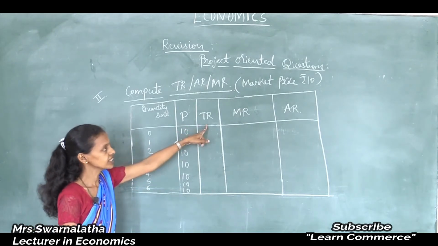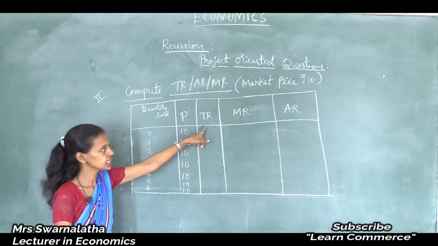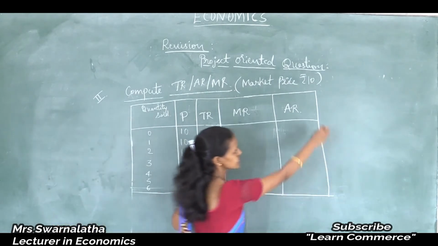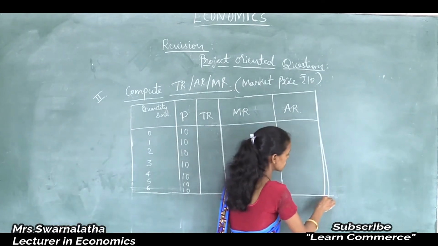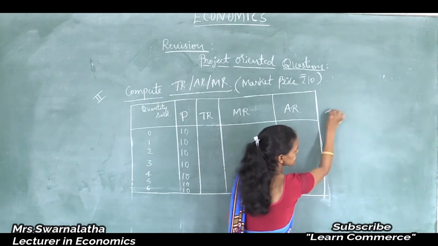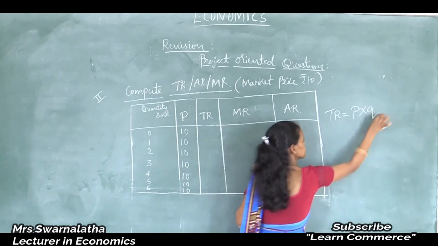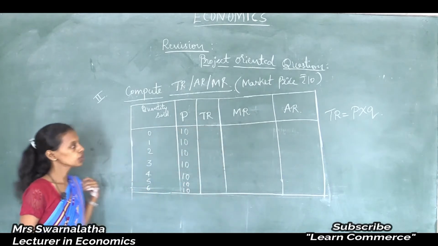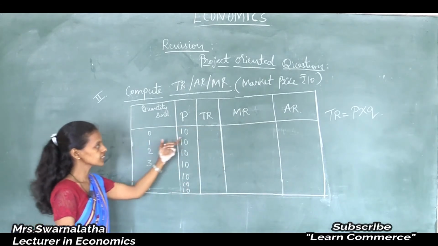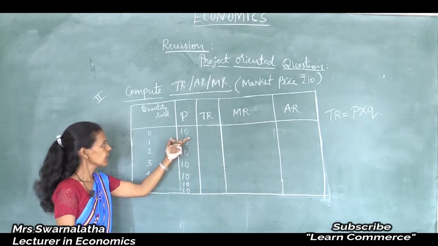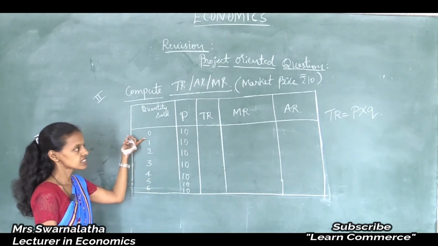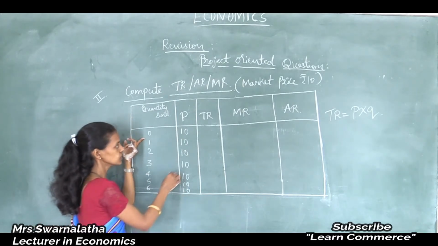Now to find the total revenue, TR. There is one formula to find TR, that is total revenue is equal to P into Q, price into quantity. The price is rupees 10 and quantity is 0, 10 into 0.